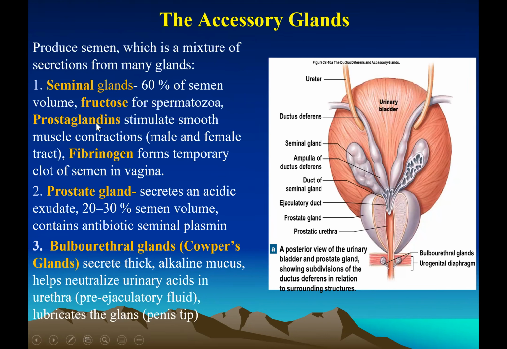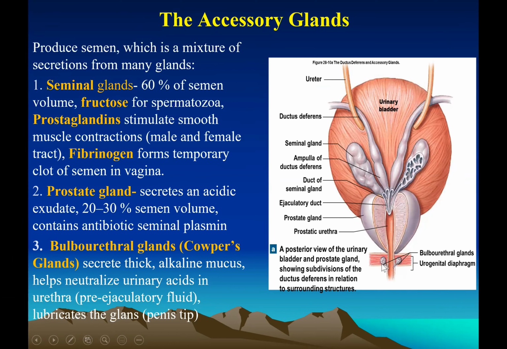It has prostaglandins, which are responsible for muscle contractions to push the sperm towards the egg. It has fibrinogen that will make the semen clot in the vaginal canal so that it can hang around there for a longer time.